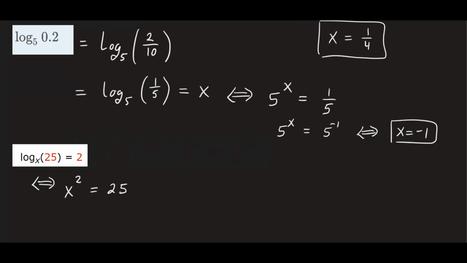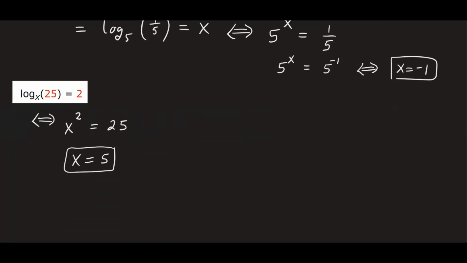We can tell x is 5, but if you want to solve it algebraically, you can take the square root on both sides, so you get x is equal to 5. Keep in mind, because the base of a logarithm is always positive, we want to ignore the negative 5 that we get when we take the square root of both sides. So only take the positive x value, which would be 5 in this case. Now let's do another one.